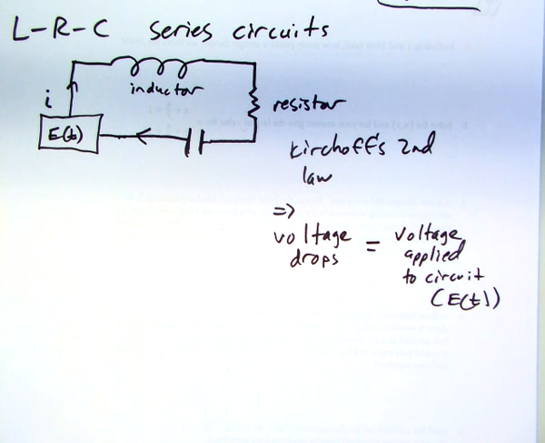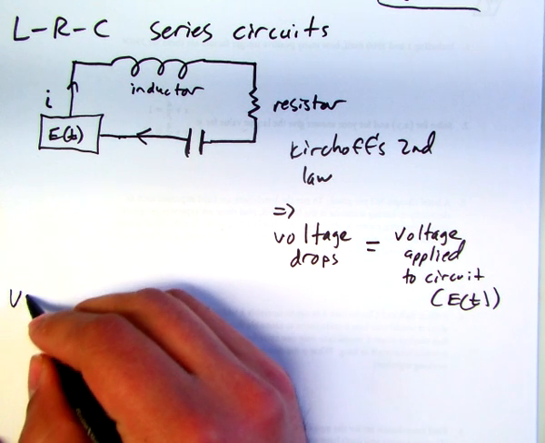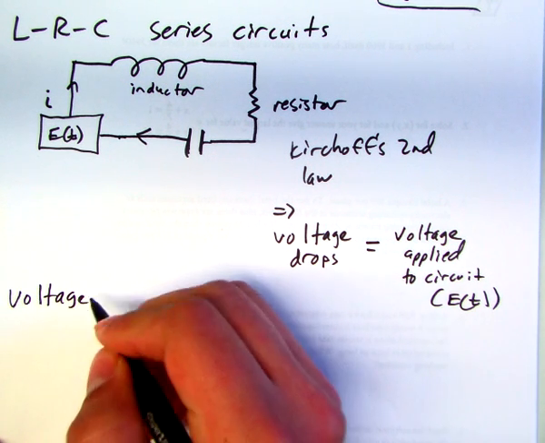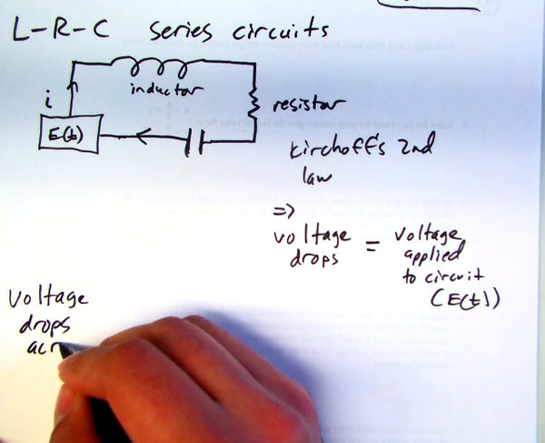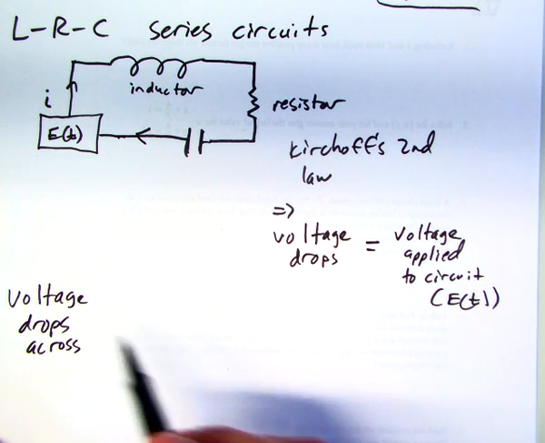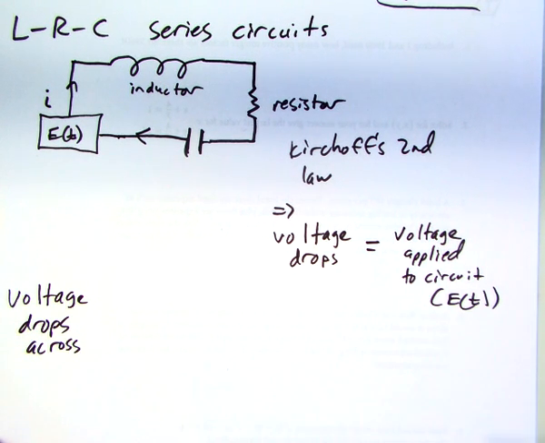And now we're going to see something very similar to what we've seen before. But let's kind of review, and for some of you, you may not know this. We'll examine the voltage drops across each one of these.